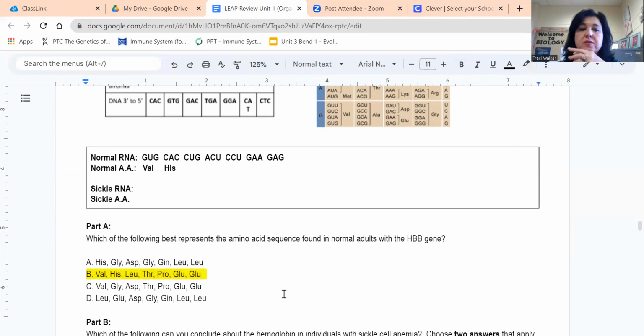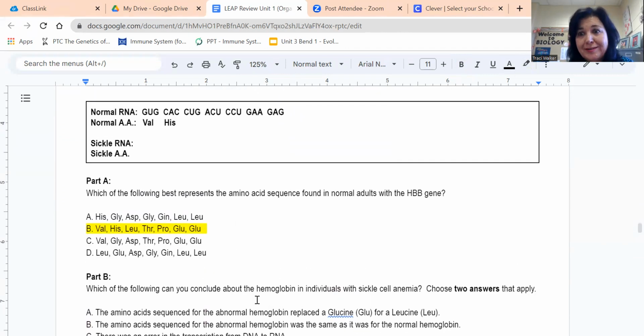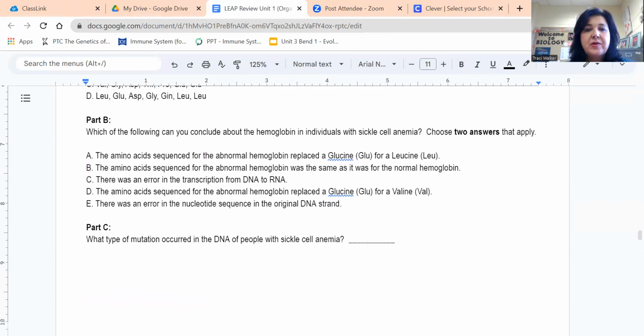Okay. So sometimes, especially if you're in a hurry, you can not do the whole thing and figure out your answer. But you'll see on this next part, part B, we're going to have to do the whole thing. Okay, so let's go ahead and go to B and see what the question says. It says, which of the following can you conclude about the hemoglobin in individuals with sickle cell anemia?